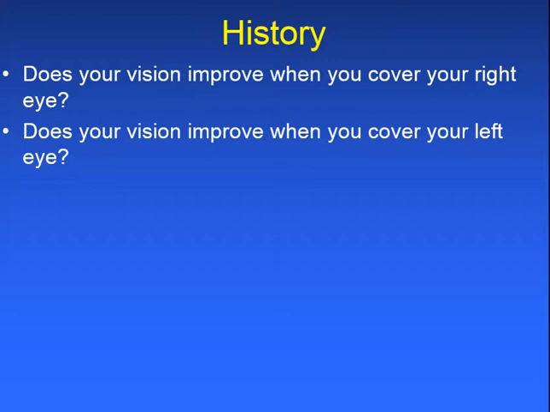Well, the patient will say yes, and then you'll be fooled to thinking that they have a strabismus, when again it's just because they cover the eye where they're having their monocular diplopia and their vision improves. So you need to establish that in either eye the vision improves when either eye is occluded.